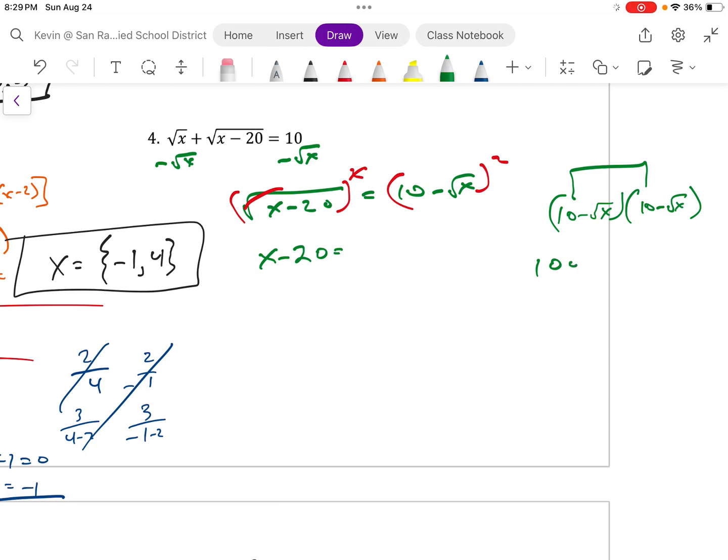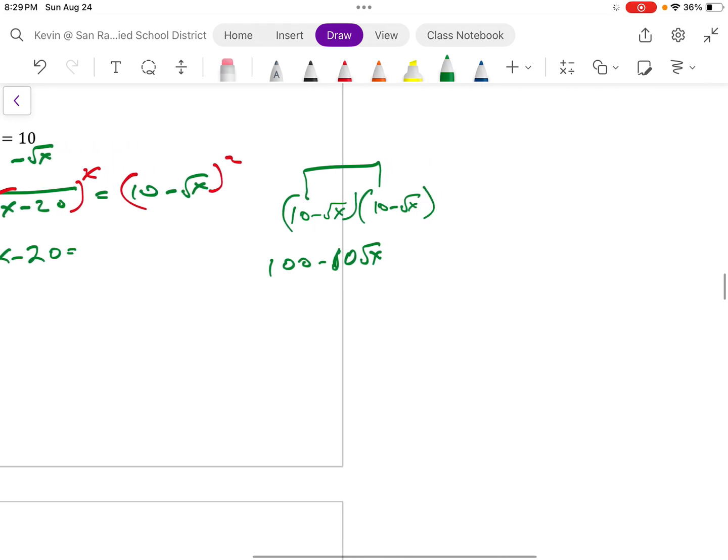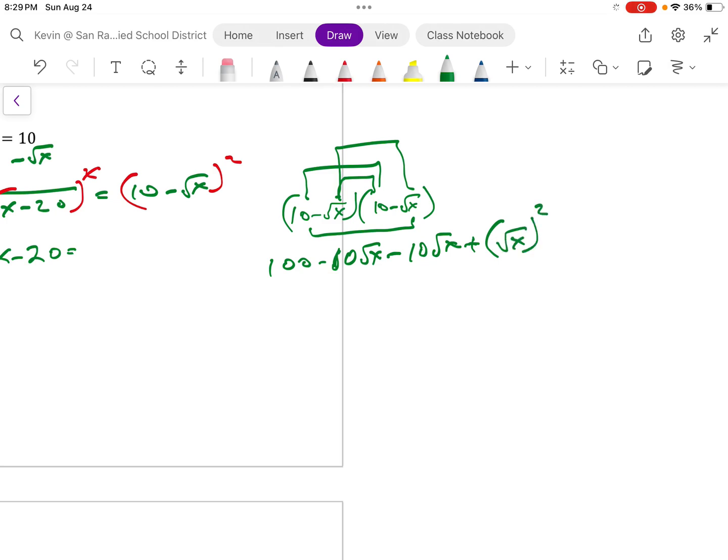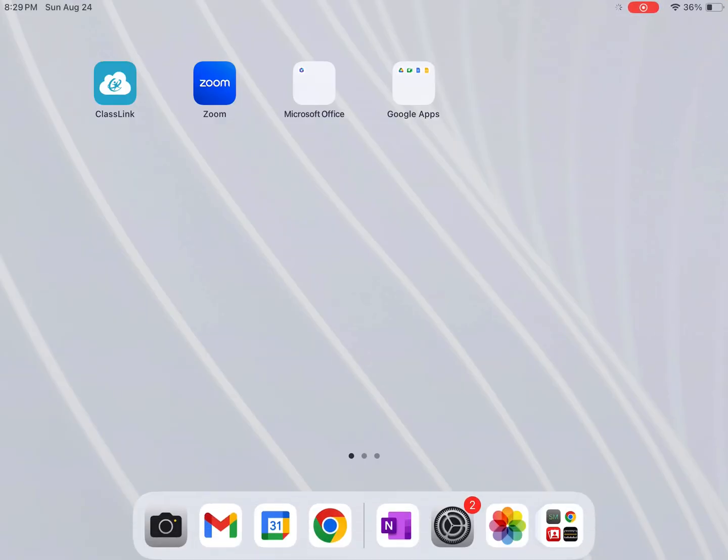So I'm going to do FOIL. First, 10 times 10 is 100. Then I have negative 10 root x. That's this. And then I have the outside, that's a negative 10 root x. And then I have the last bits here, which is positive, because it's a negative times a negative, positive square root of x squared, which cancels out.